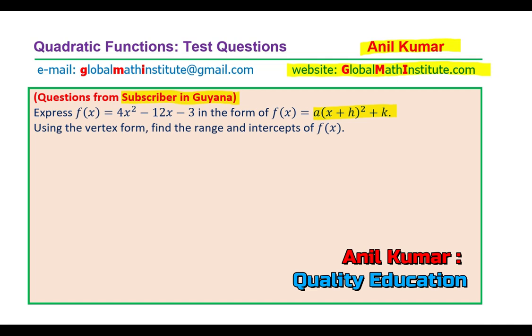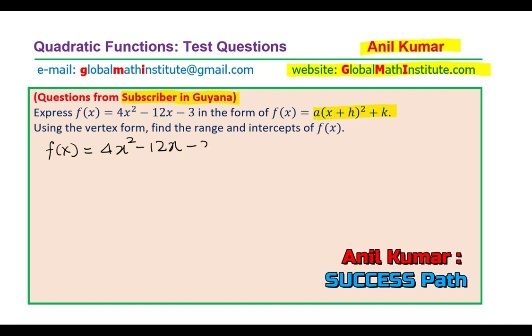So the first step is to find the vertex form. We also call it a very good method, which is called completing the squares. We learn completing the squares by answering the first part. We are given the function f of x equals 4x squared minus 12x minus 3.